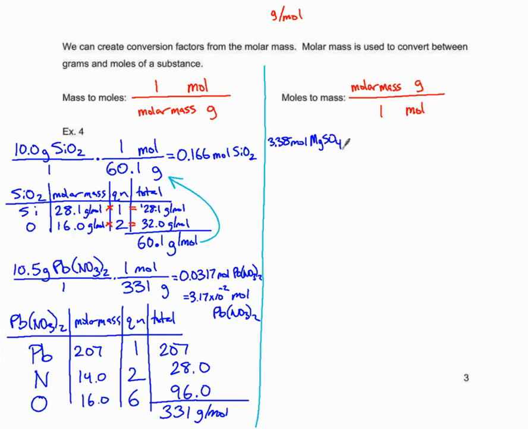And I want to know how many grams of magnesium sulfate should I have. If I put this on the balance, how many grams do I need to have to make this amount. So we know that in 1 mole of magnesium sulfate, there's a certain number of grams. And we need to find the molar mass to put into this calculation.